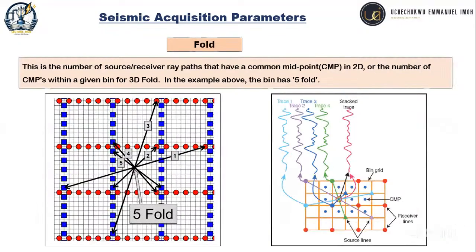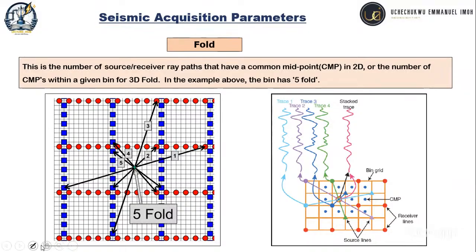Next is your fold. So within a bin, you will have several midpoints, okay, that correspond to different receivers and different sources. So for instance, on the cartoon on the left, you can see we have a midpoint here on this bin, okay.